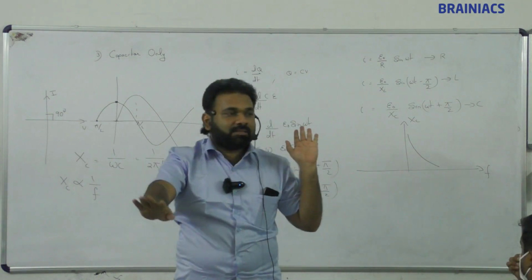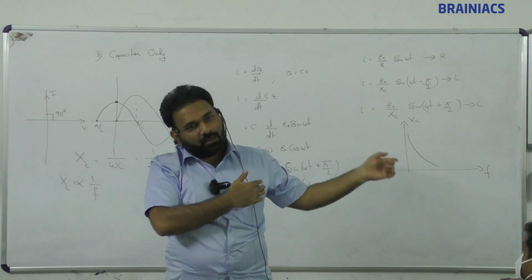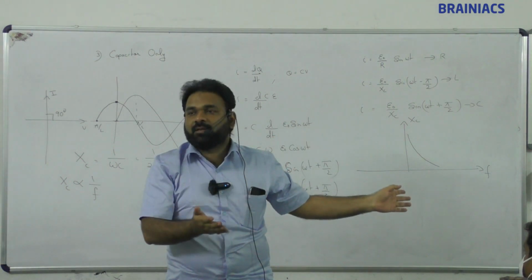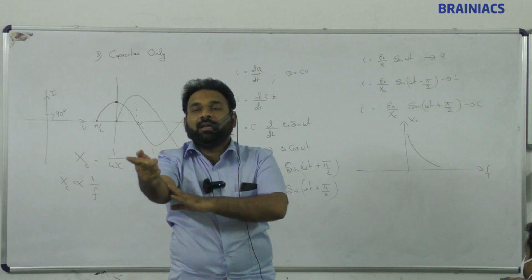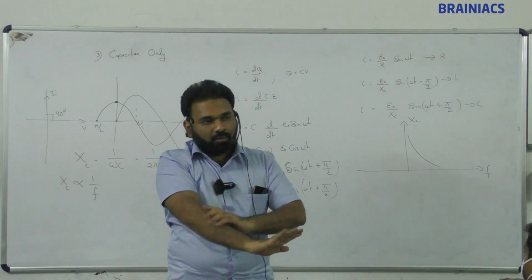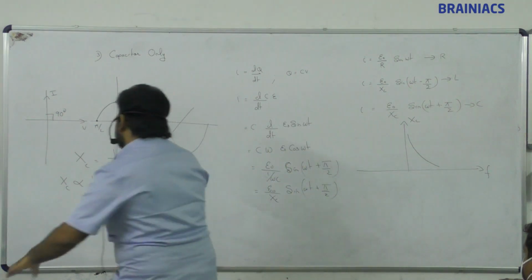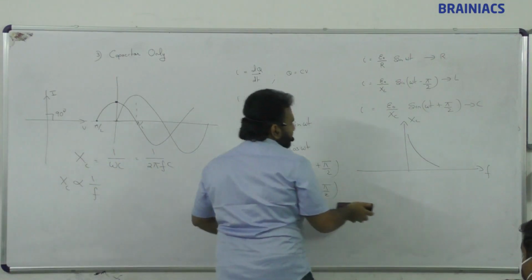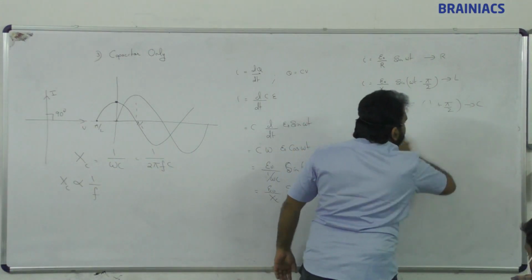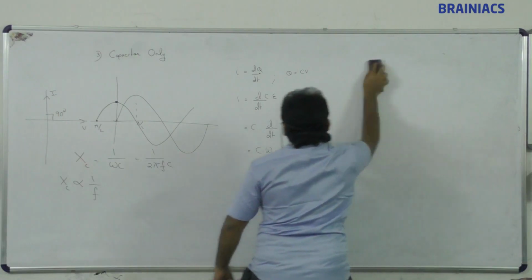If capacitive reactance is more and we are able to find phi, then we can understand that phi will be the lead for current. How to find phi, impedance, everything we will see now.